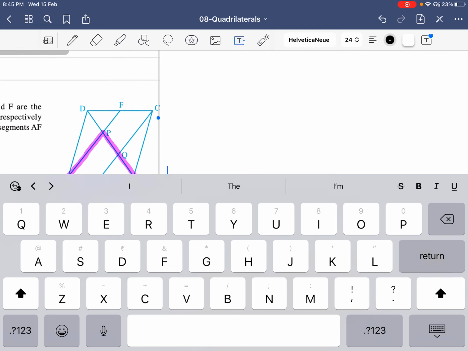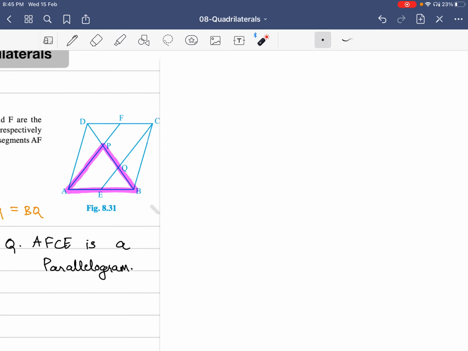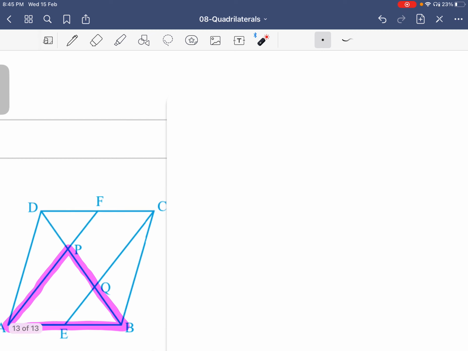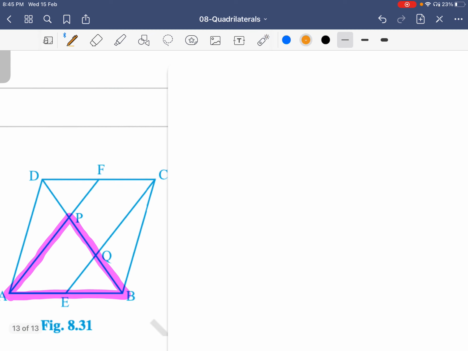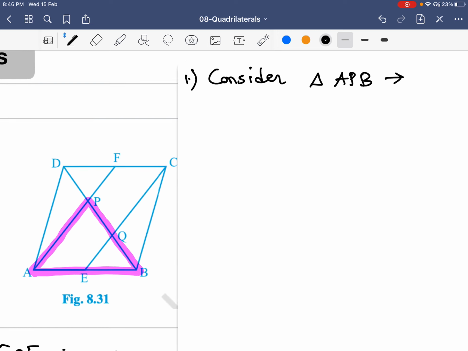Okay, done. So point number one: consider the triangle ABP. Let's zoom out a bit.